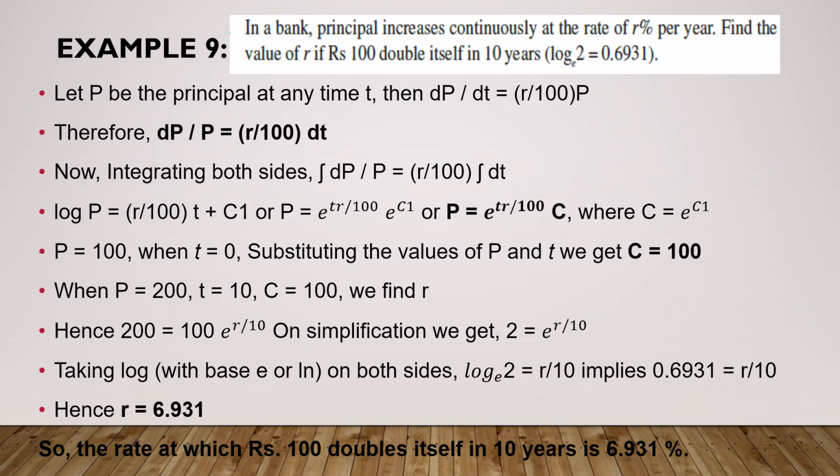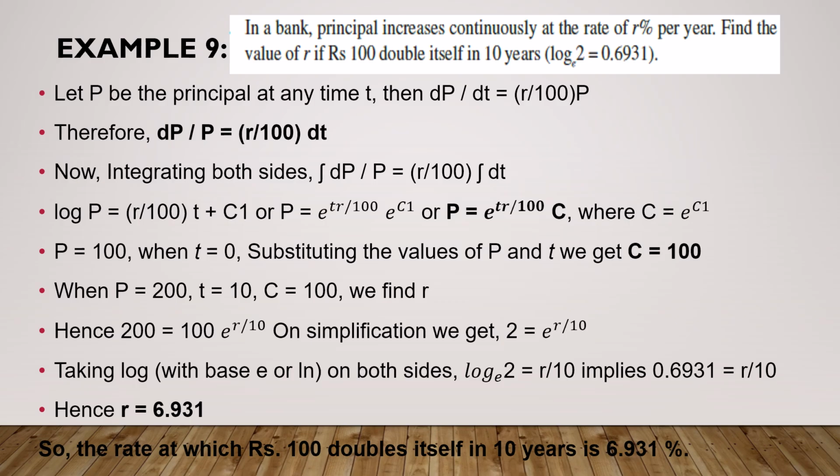R% means R upon 100. So your rate of change will be R upon 100 multiplied by the principal amount. So first thing is the formation of a differential equation in these types of examples. So what is the differential equation? dP by dt is equal to R upon 100 into P. Correct? Because the principal increases R%.